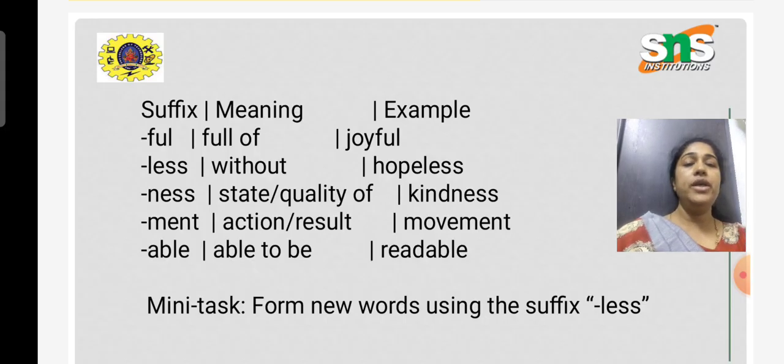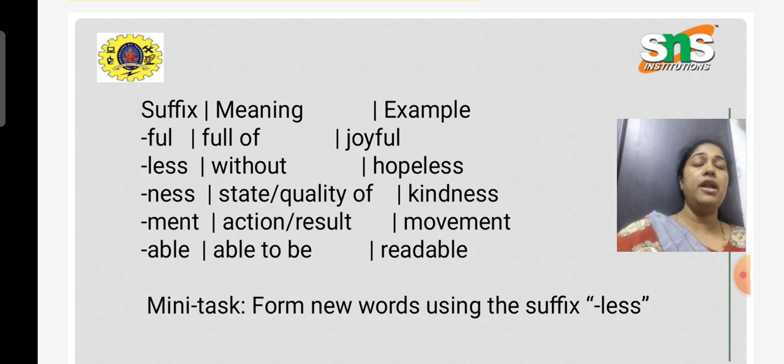Examples are joyful, hopeless, kindness, movement, readable. Kindness is a quality, being very kind. Movement is an action. Readable means able to read. Joyful is full of joy, like helpful is full of help.